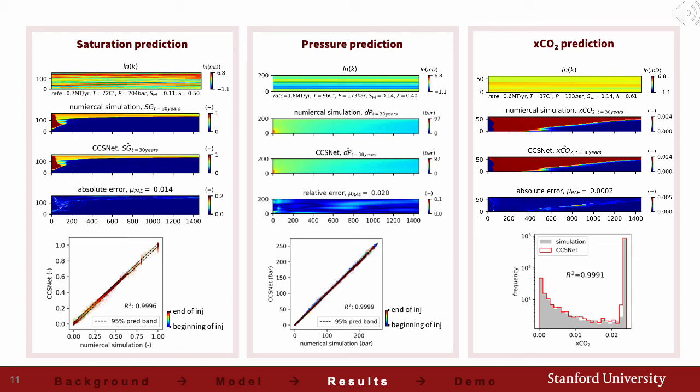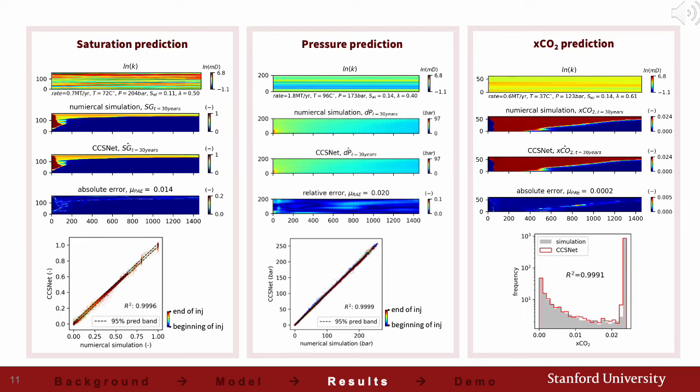And besides the visualization, at the bottom, I'm also plotting the numerical simulation versus CCSNet on each single grid on this scatter plot. The color of the dots on this plot shows the period of the injection. From this plot, we can basically see that the prediction is consistently good from the beginning until the end of the injection.